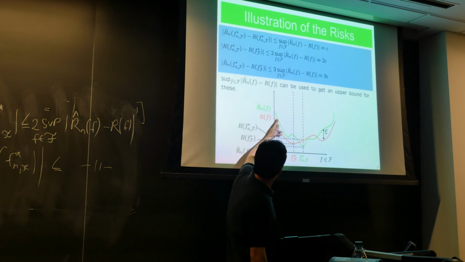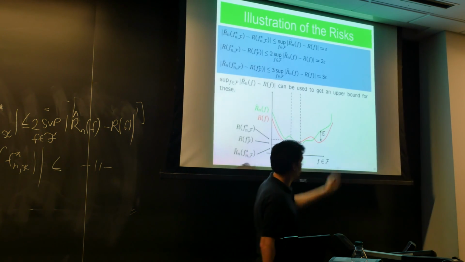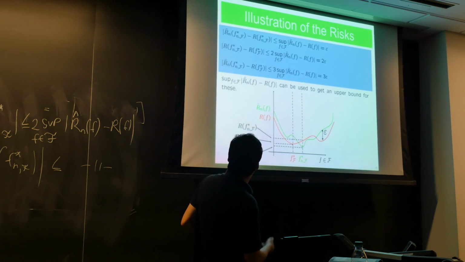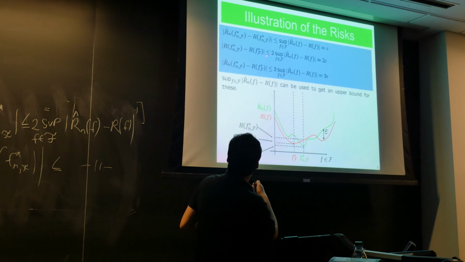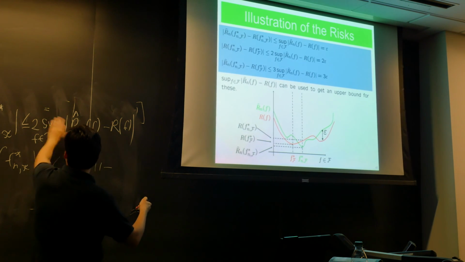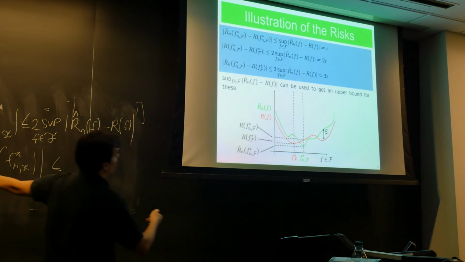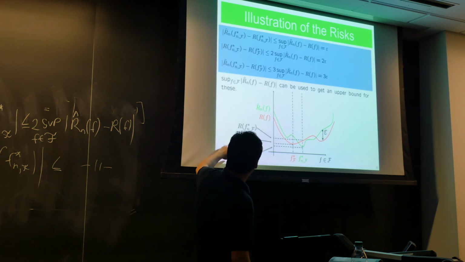We can calculate where is the biggest difference between these, that's epsilon. And these quantities that we just discussed, this is 2 epsilon, and this was upper bounded with epsilon.